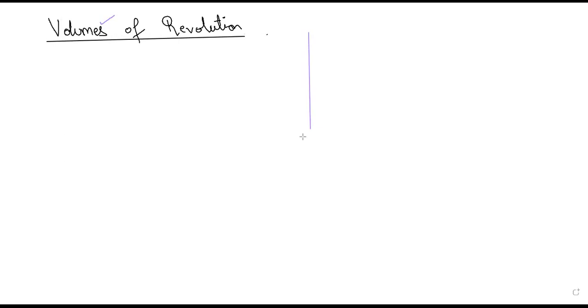Let's say I'll make a curve. This is the y-axis. This is the x-axis. And let me just make a graph quickly. So let's say the graph is something of this type, okay?